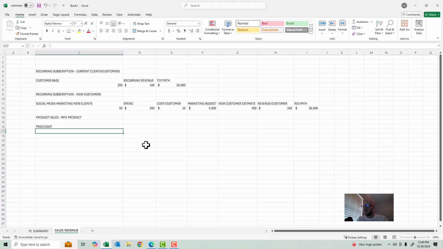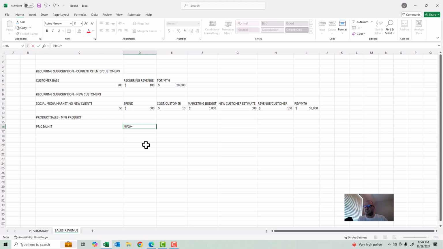So right now, for our example, I'm not going to put a price per unit because I want to figure out how much it costs me to make it first. So summarizing our manufacturing cost per unit, actually, I'm going to go manufacturing cost total. And I'm going to say last year I spent $10,000 a month to make, let's see, and we want to put in one more detail here.